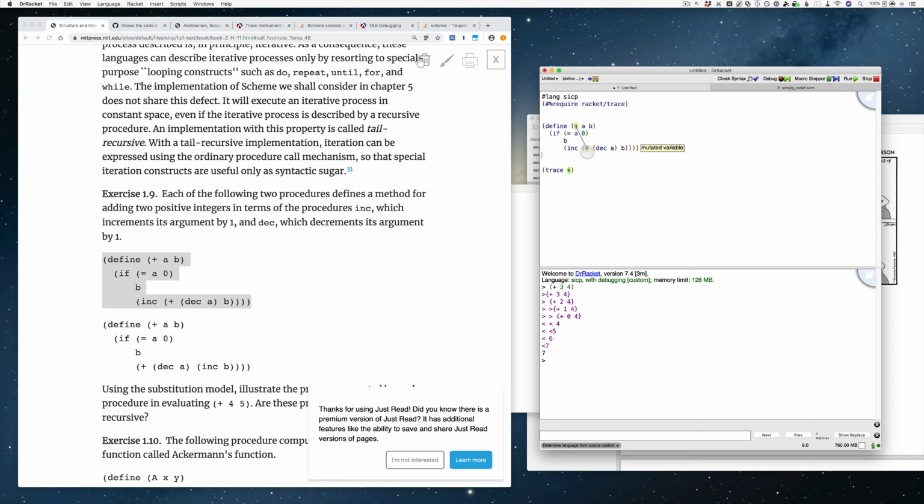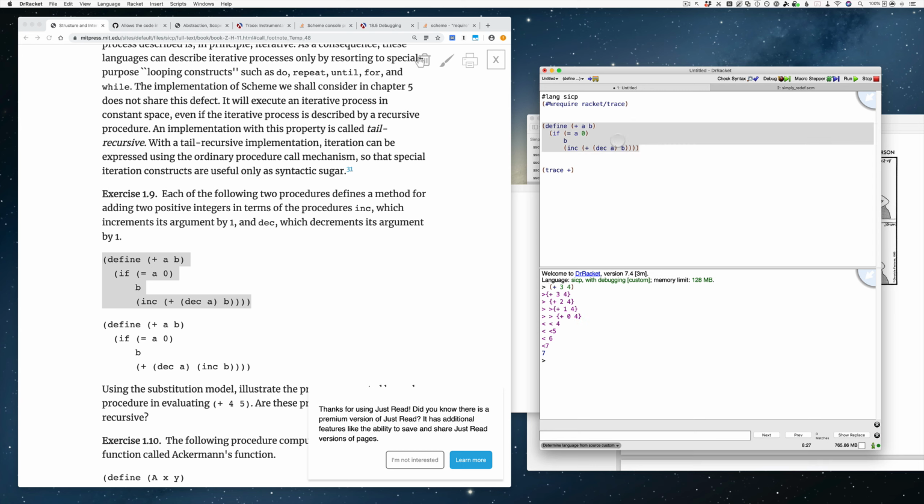So basically we keep going down the recursion rabbit hole until A equals 0. What happens when we hit 0, when A is 0? The plus procedure will return B, which will be 4.